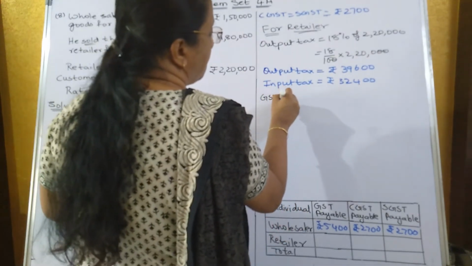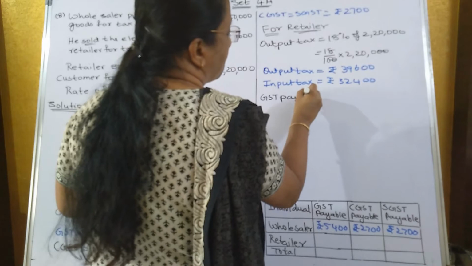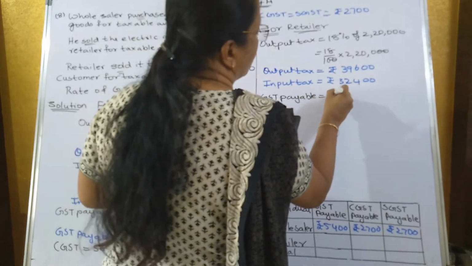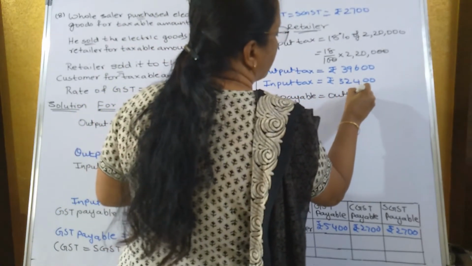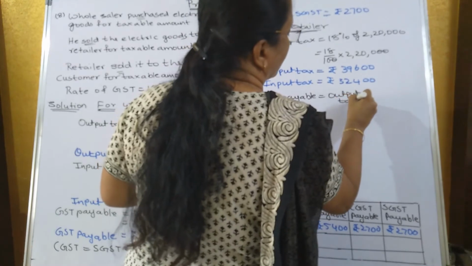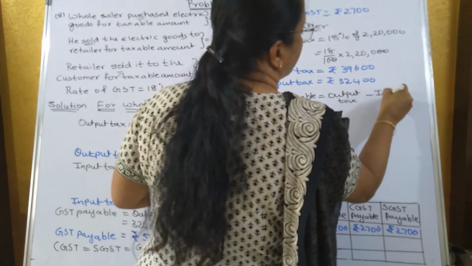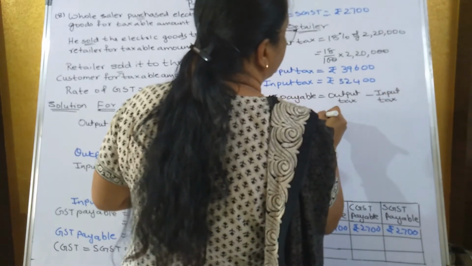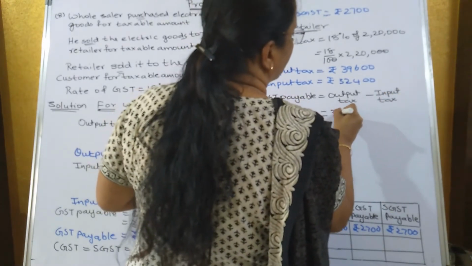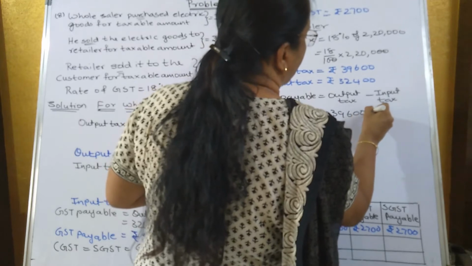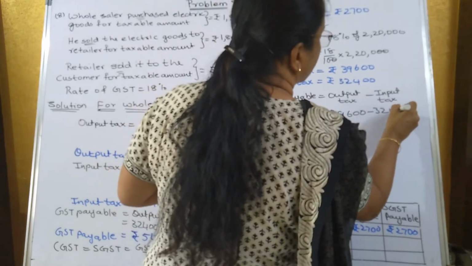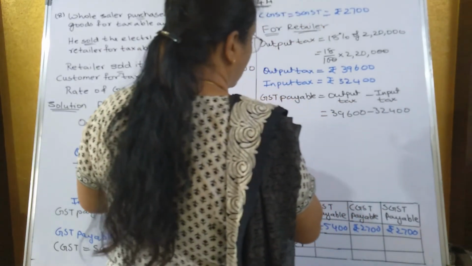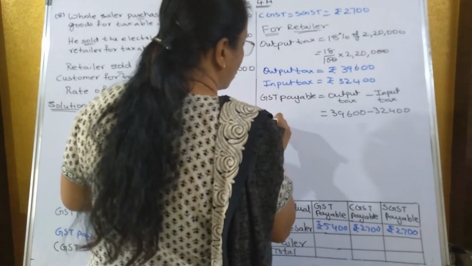Now find out the GST payable. GST payable is equal to output tax minus input tax, that is equal to 39,600 minus 32,400.